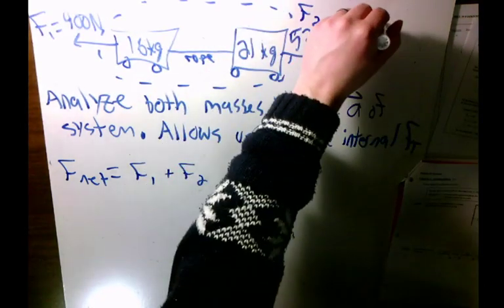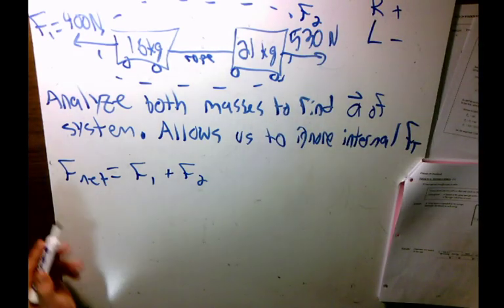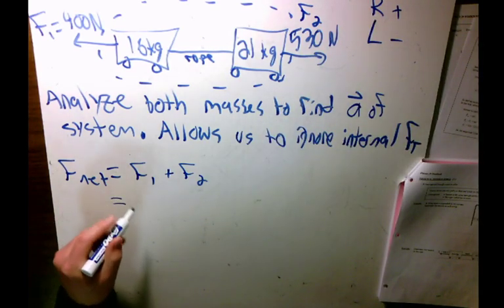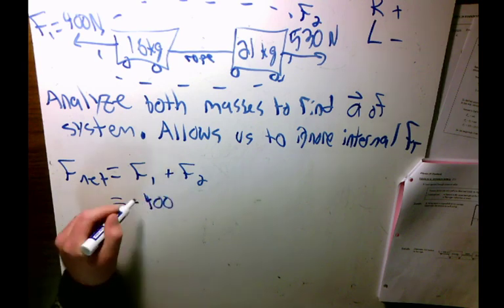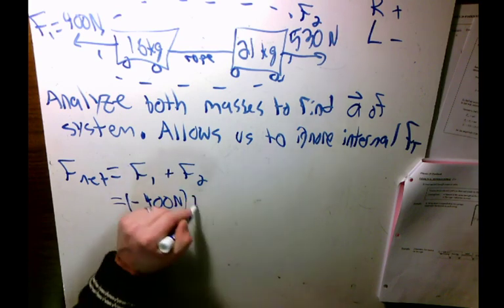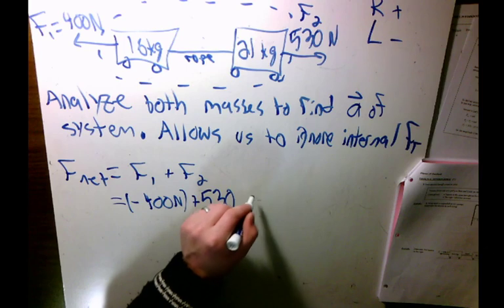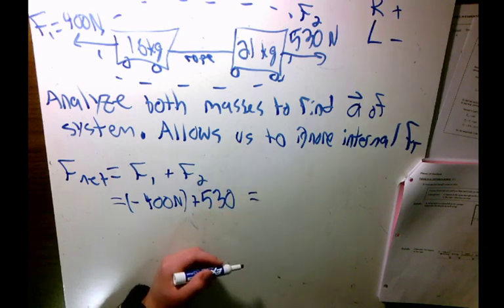So we'll use left and right, positive, negative, as our reference system. So the net force will be 400 to the left, and we're going to add 530 to the right. And that gives us a total net force of 130.